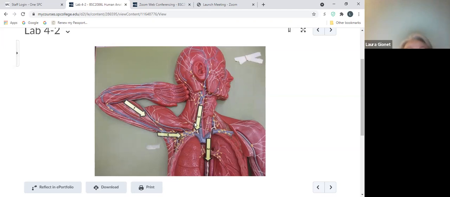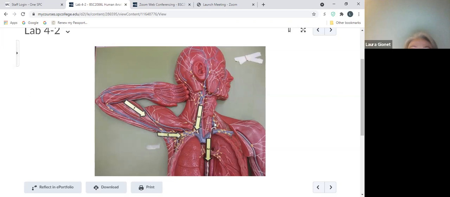They all merge, at least on the right side, to form the right lymphatic duct, which connects to and transports lymph fluid into the right subclavian vein. 4 is pointing to lymph nodes, little orangey yellow nodules, and 2 is pointing to that white vessel that originates in the lower abdomen, behind the hepatic portal vein, and travels all the way through the thoracic cavity as the thoracic duct or left lymphatic duct, but most people still refer to it as the thoracic duct.